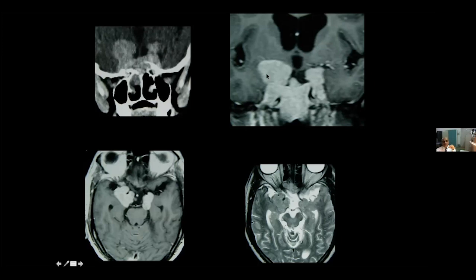If you are going to resect, I am not saying now when to resect and when not to resect, which I am going to discuss with you, but if you are going to resect, you have to remember that you are working within the confines of the cavernous sinus when you remove this tumor.